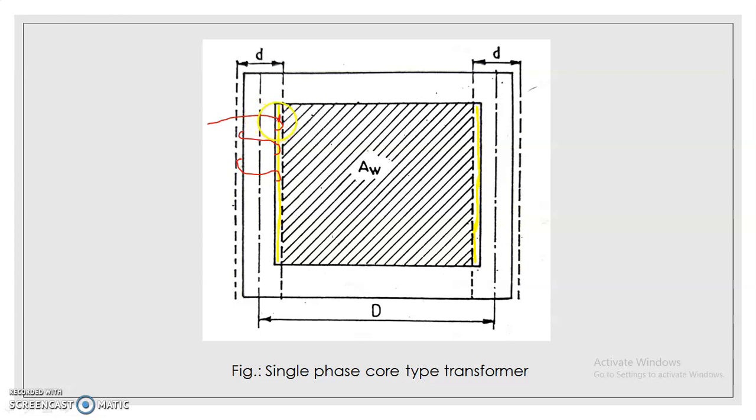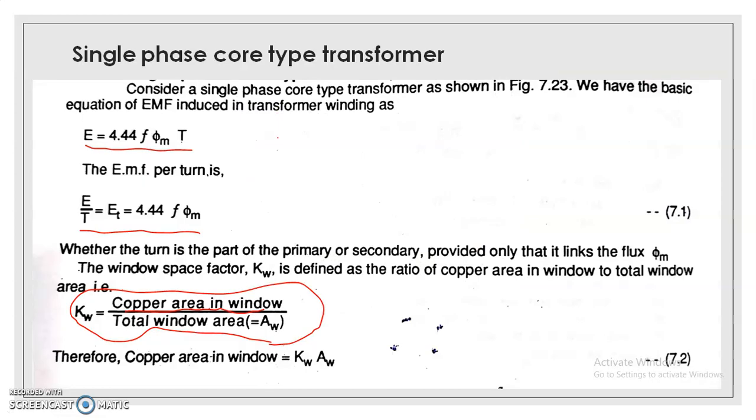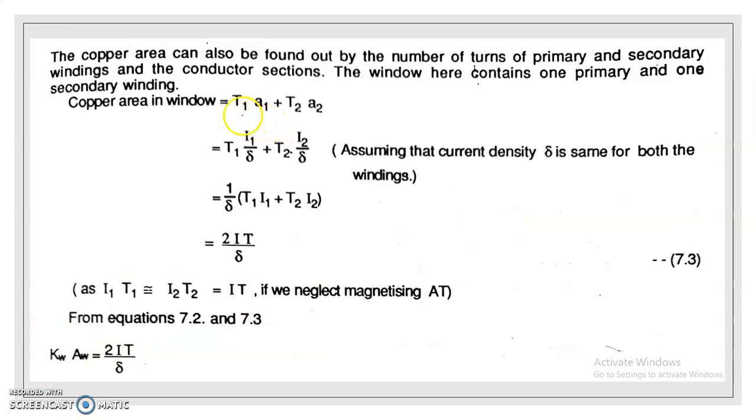We can say 1 into A1. If there are 2 turns, 2 into A1, like that, with T1 number of turns, we can calculate the copper area in the window as T1 into A1. Similarly for the secondary side, T2 into A2. So we will get the total area in the window.